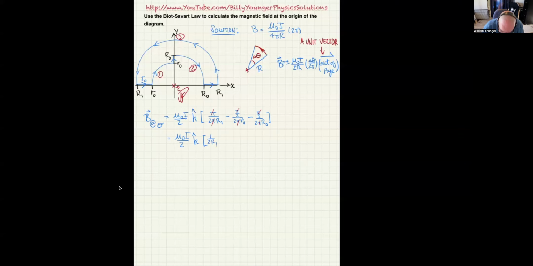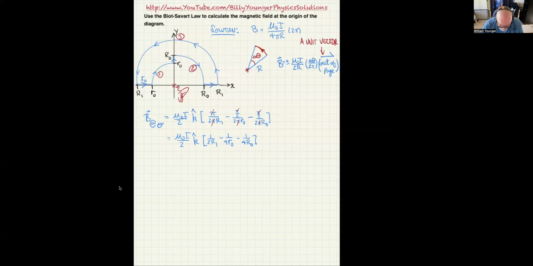And what we get for this next one is 1 minus 1 over 4 little r0. And what we get for the next one is 1 over 4 big R0. And that's basically it. That's the whole answer.